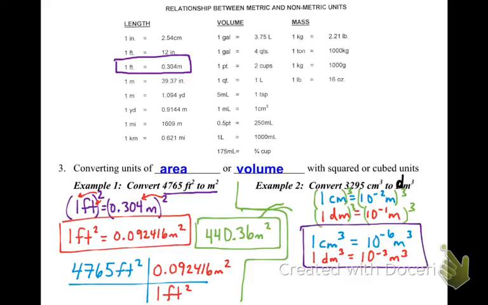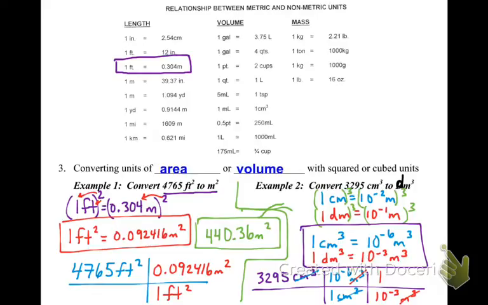So now, let's go ahead and write our given of 3295 centimeters cubed. There we go. We've got our 1 centimeter cubed here, 10 to the negative 6 meters cubed there. Centimeters cubed crosses out. We've got our 10 to the negative 3 meters cubed here.